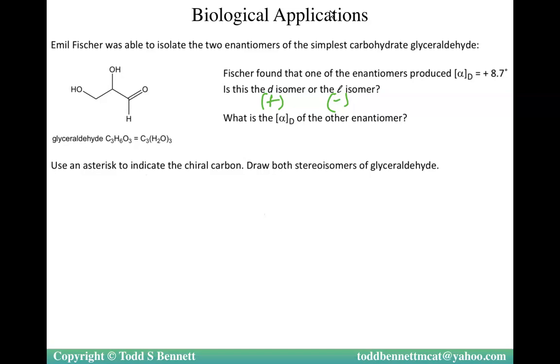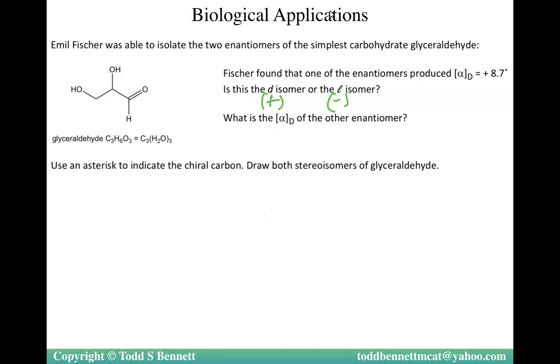So let's say that Fischer found one of the enantiomers produced a specific rotation of positive 8.7 degrees. So when he put this in with a very specific chirality, small d in this case, he found that it rotated light in a positive 8.7 degree direction. Okay, so is this the D or L isomer?